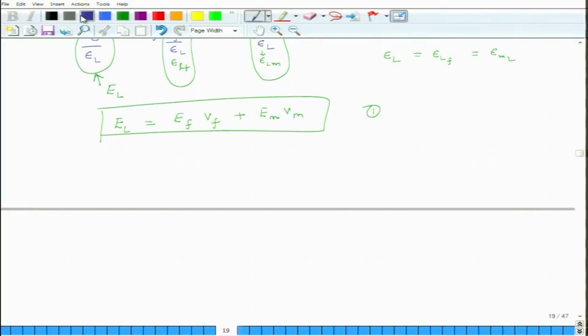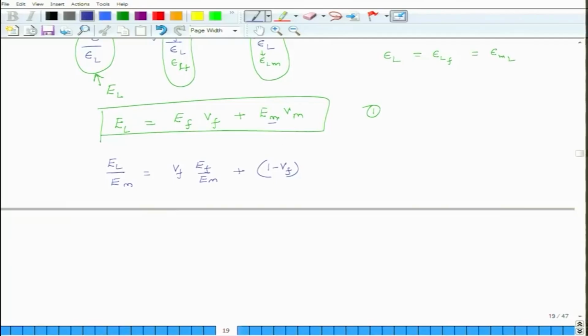I can reformulate this equation in slightly different form. So, what I do is that I divide this by EM. So, I get EL by EM equals VF EF by EM plus, and Vm is what? 1 minus Vf, right, and I have divided the entire thing by Em.